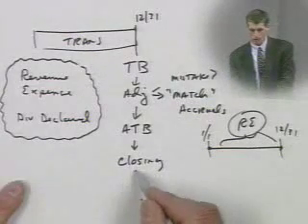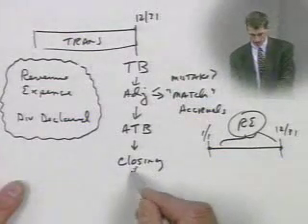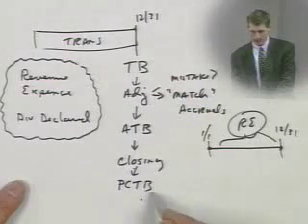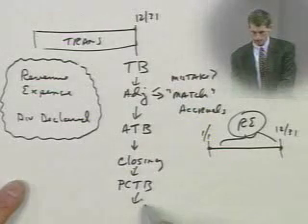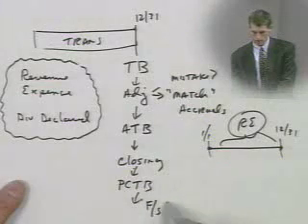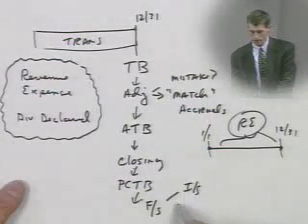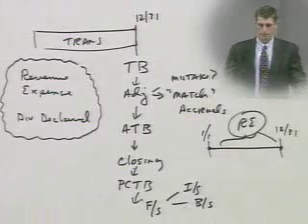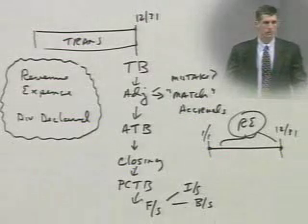Now, after we do the closing entries, we do a post-closing trial balance, and the last thing we do is create financial statements, in this case an income statement and a balance sheet. Any questions?